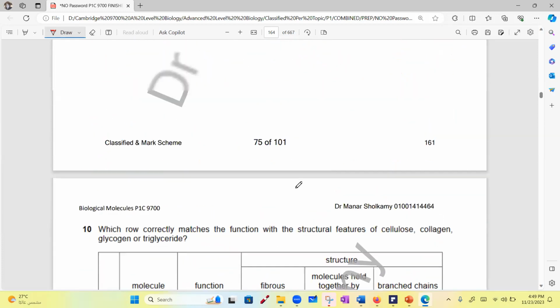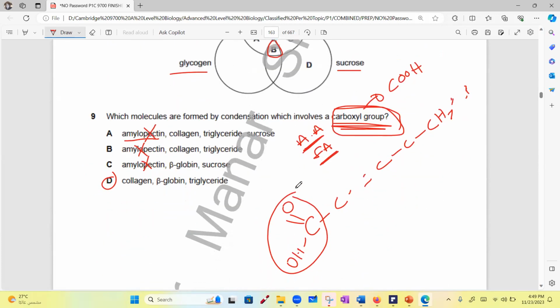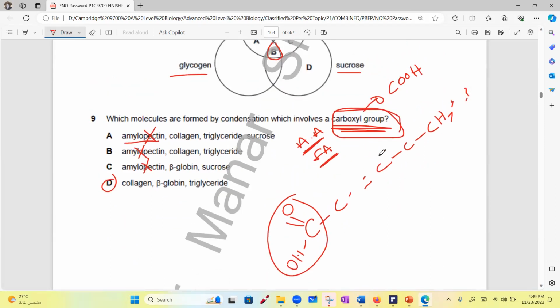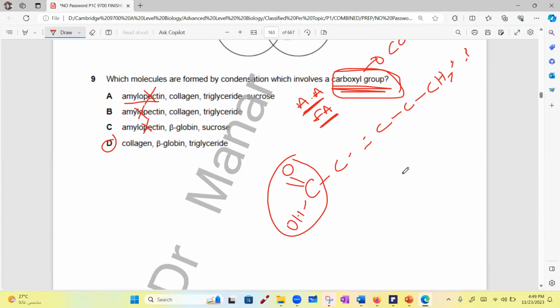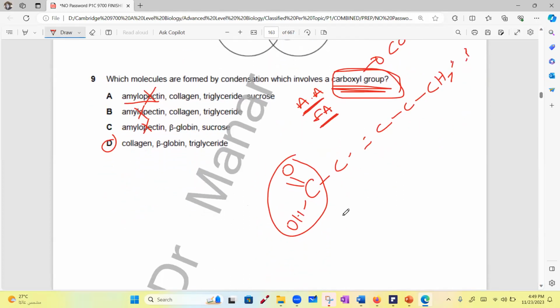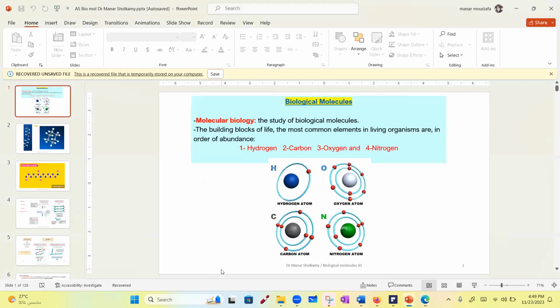Miss, what is the difference again between the carboxyl group and the carbonyl group? Wait, let me look at the pictures so that I get you a correct answer.